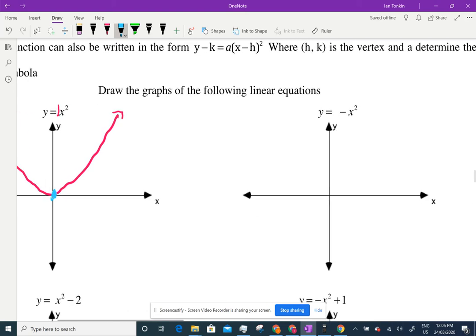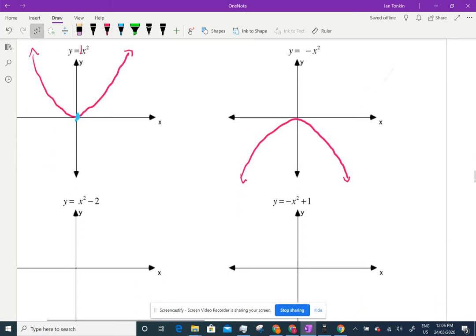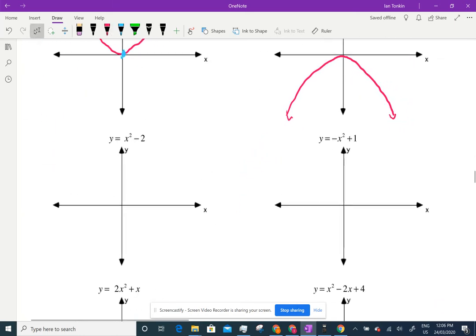Okay. The other one, y equals negative x squared, well, don't frown. Just turn that parabola upside down. Now, if I add or subtract something, that just moves it up or down.